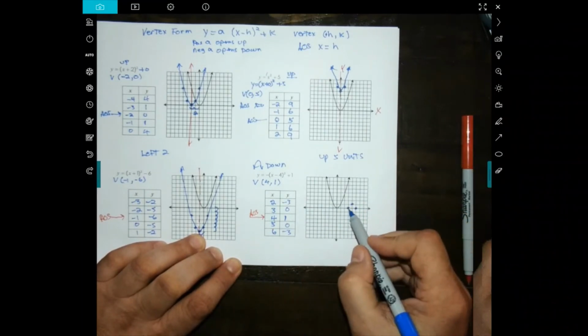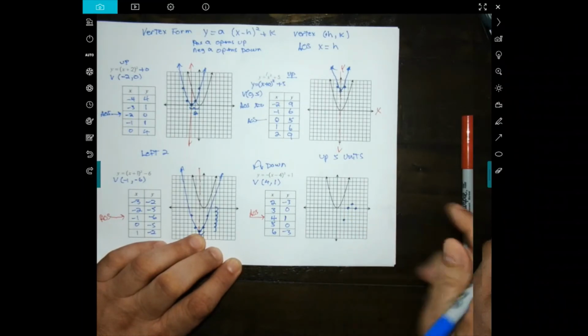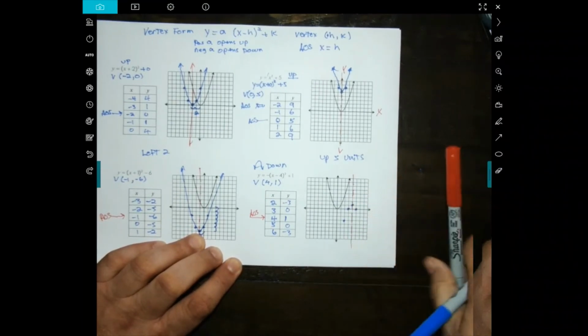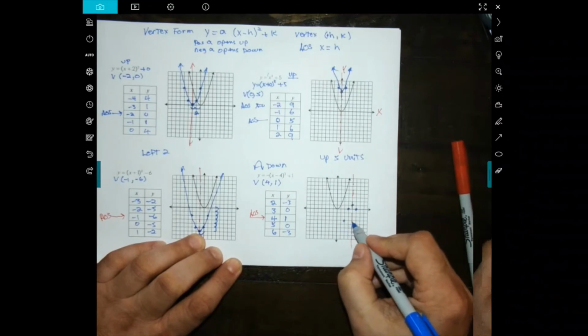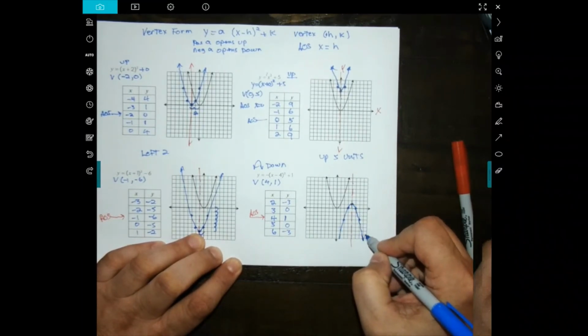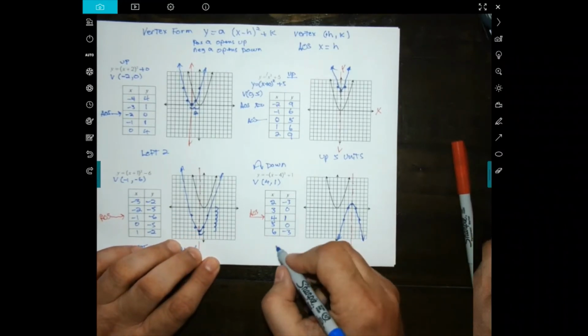I have 2, 1, 2, and it's down 1, 2, 3. To make this easy, it plots right over 2. It opens down. And there's my parabola.